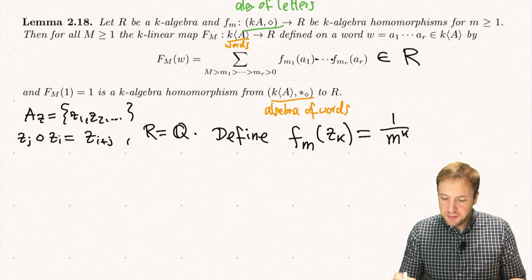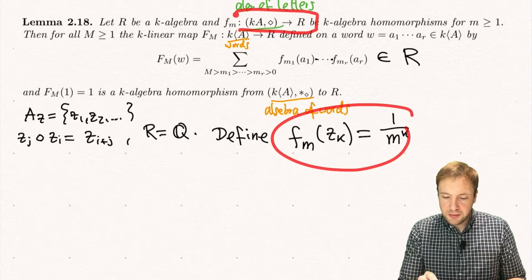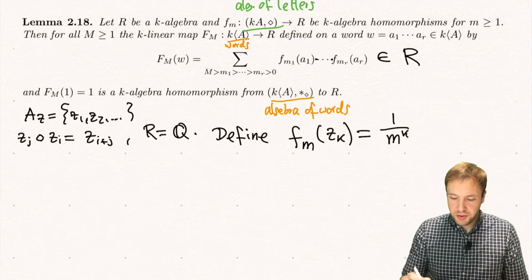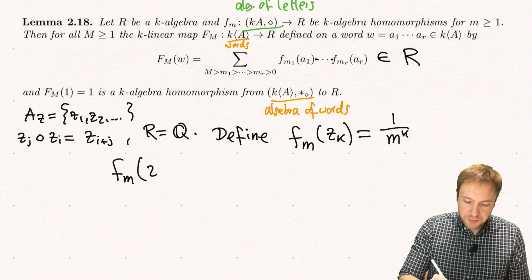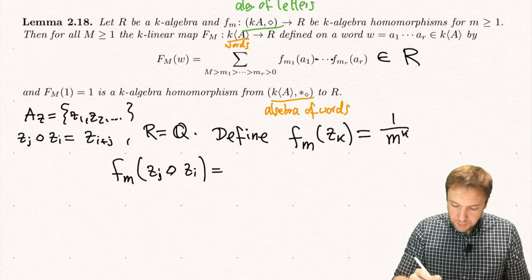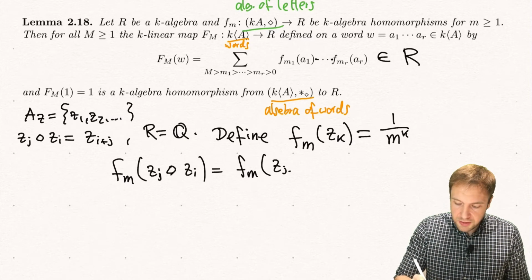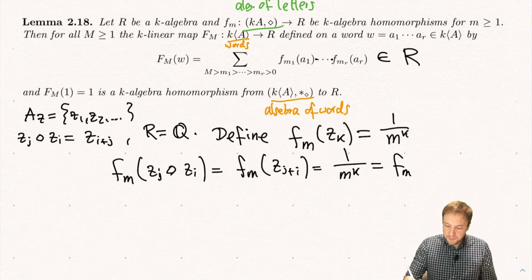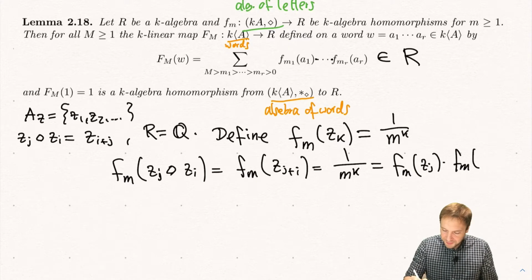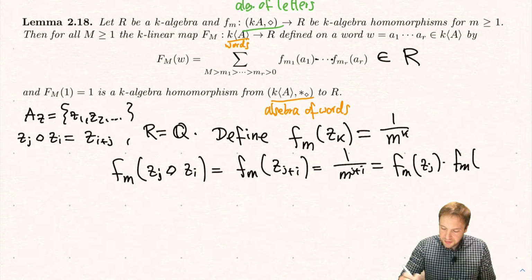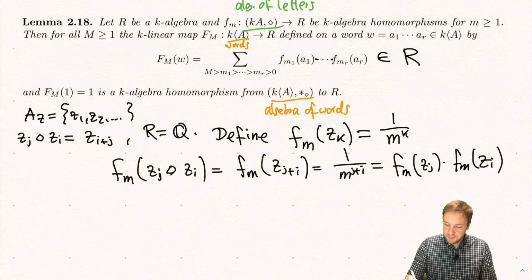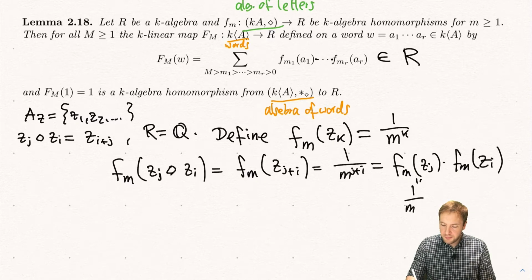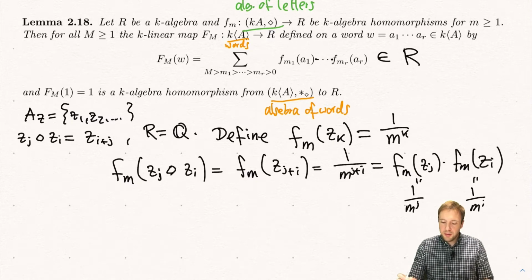What I do is I just take 1 over m to the k. Then you can easily see that this is really an algebra homomorphism to the rational numbers, because f_m of z_j diamond z_i is f_m of z_{j+i}, and this is 1 over m to the j plus i, but this is the same as f_m(z_j) times f_m(z_i), because this is 1 over m to the j, and this is 1 over m to the i.